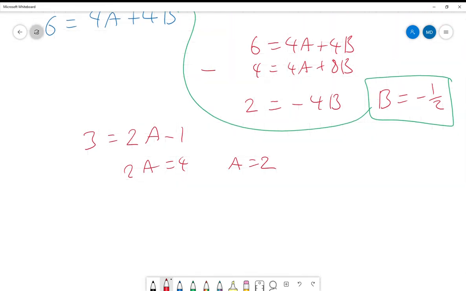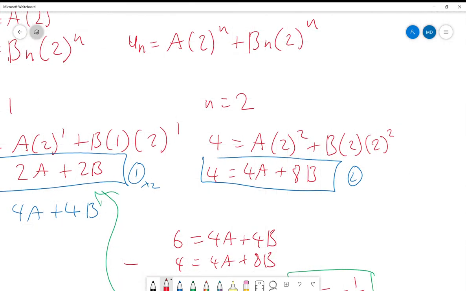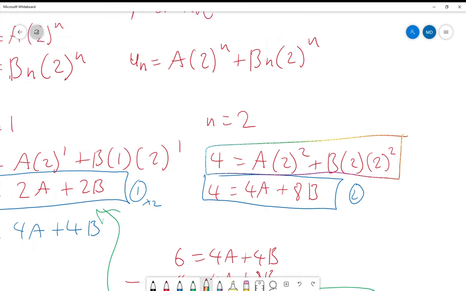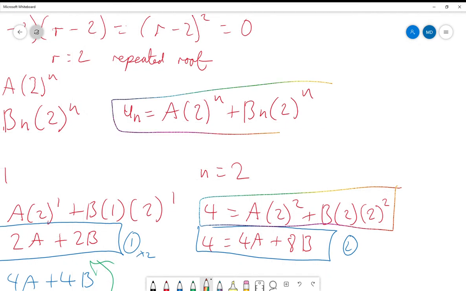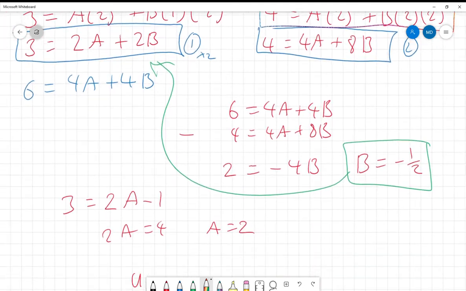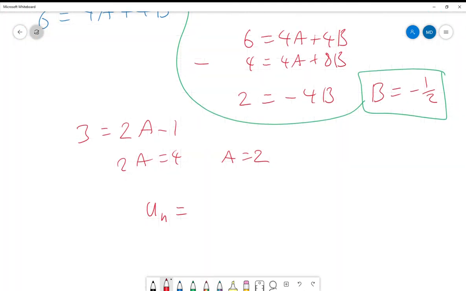Plugging a and b back in, we get un is equal to a is 2 lots of 2 to the n, and then b is minus 1/2, minus 1/2 times n times 2 to the n. And that is our final solution.